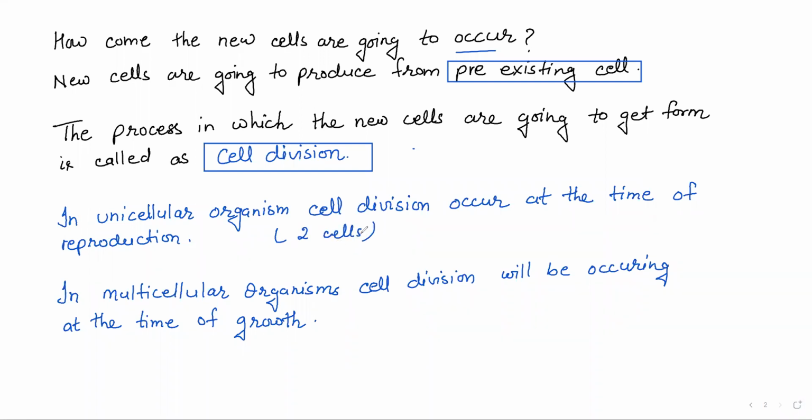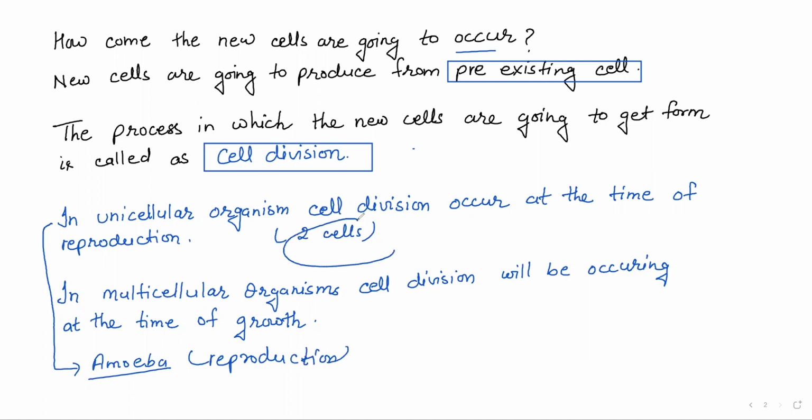Majority of the time, in unicellular organisms like amoeba and all, it will help for reproduction. So in a unicellular organism, cell division will help for reproduction, where two cells are going to be formed.